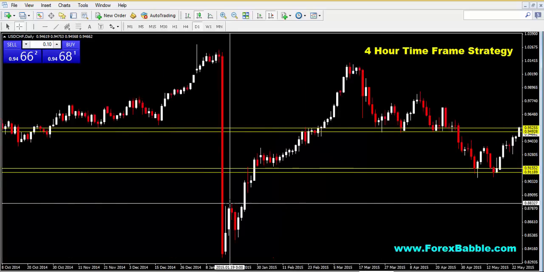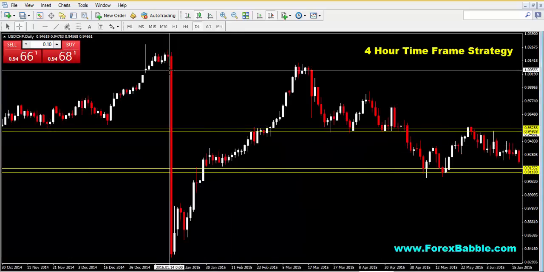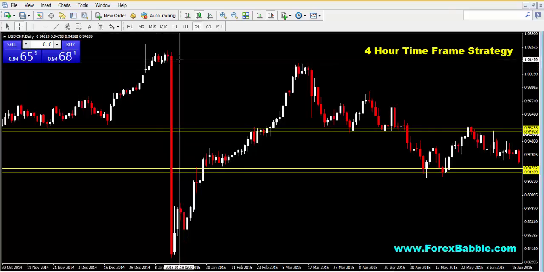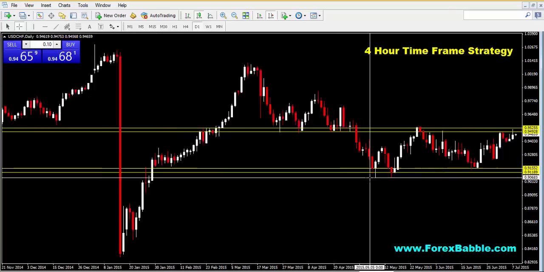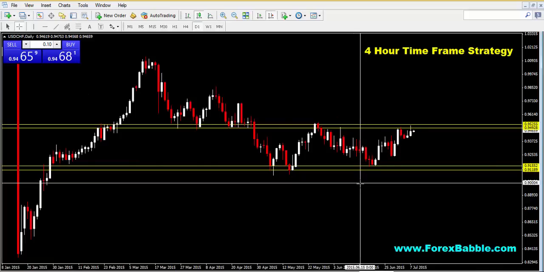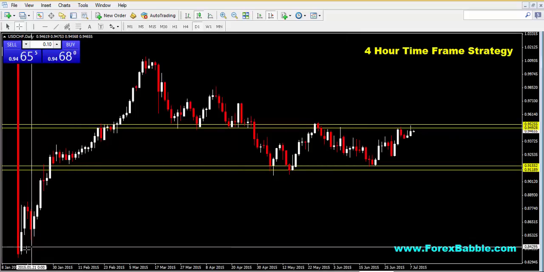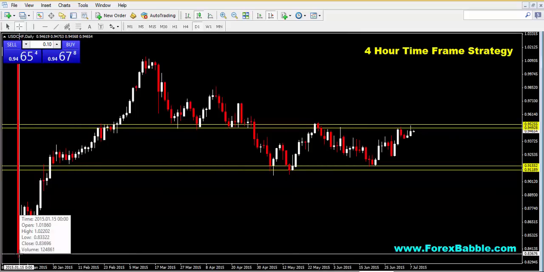And fortunately enough, with the way that the market is on the USD Swiss currency pair, personally I don't expect it to break too far below, because this was the lowest of pretty much all time.